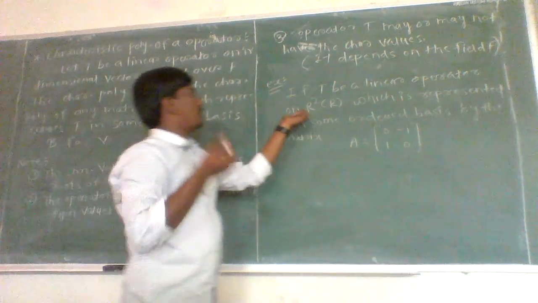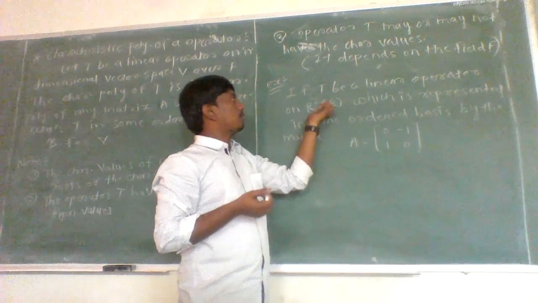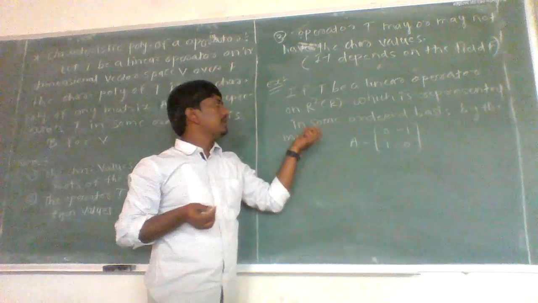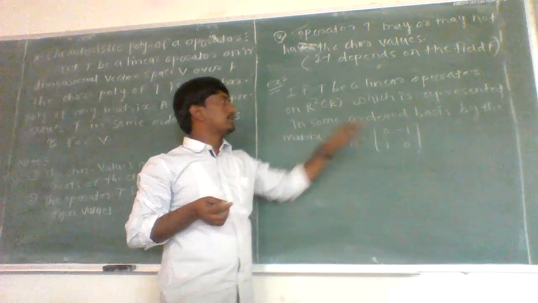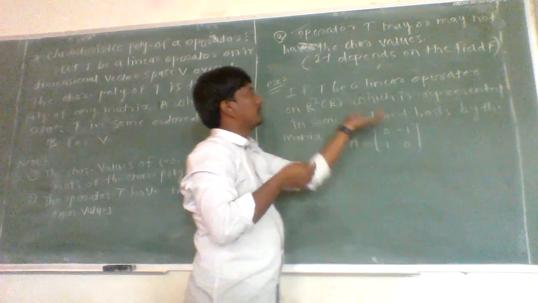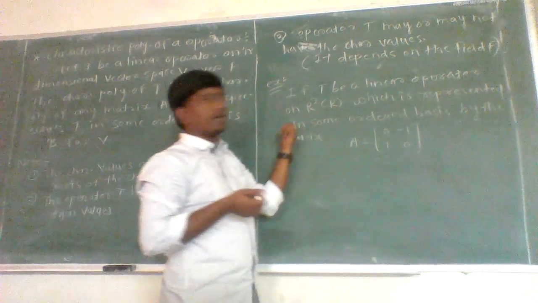Suppose T is any linear operator defined on the vector space R2 over R, and the matrix obtained with respect to the ordered basis B is this one.